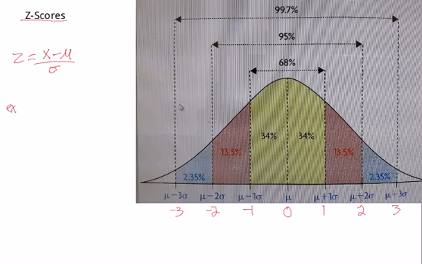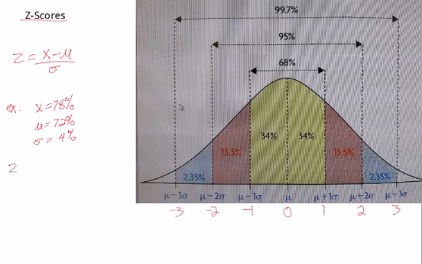So let's do an example. Let's suppose you got a 78 on a test, so that's your x, your mark. Let's suppose the mean was 72% and the standard deviation was 4.